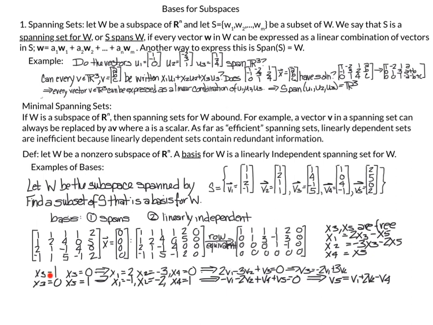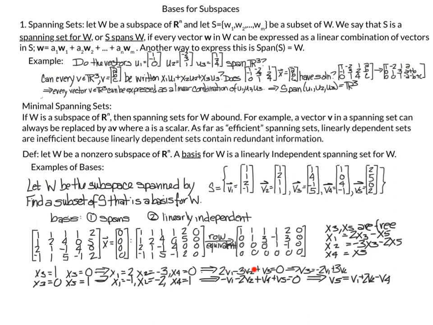When I set x3 equal to 1 and x5 equal to 0, I get x1 is equal to 2, just using this equation here, x1 is equal to minus 2x3, so I get minus 2. x2 is equal to negative 3, and x4 is equal to 0. So when I plug this in as a linear combination of my v1, v2, v3, v4, v5, I get 2 times v1 minus 3 times v2 plus 1 times v3 plus 0 times v4 and 0 times v5.